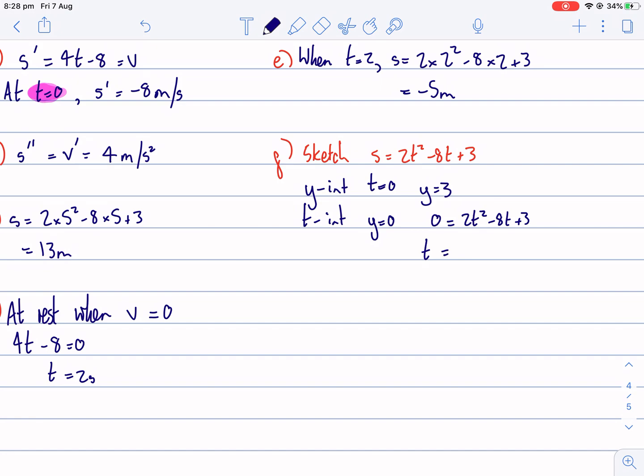So t equals minus -8 plus minus, I'm going straight into the quadratic formula. It's late and I'm tired. -8 squared, take 4 times 2 times 3, all over 2 times 2.